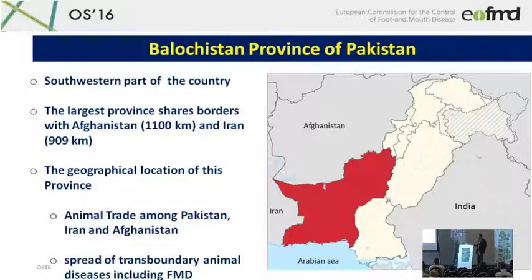The geographical location of this province has importance in animal trade, both formal as well as informal, between Pakistan, Iran, and Afghanistan. And this formal and informal animal movement or trade results in spread of various transboundary animal diseases, including FMD.